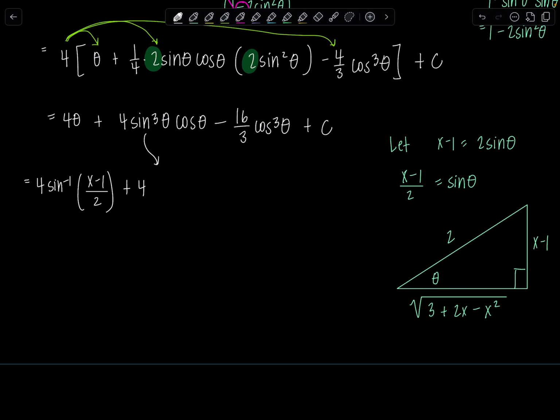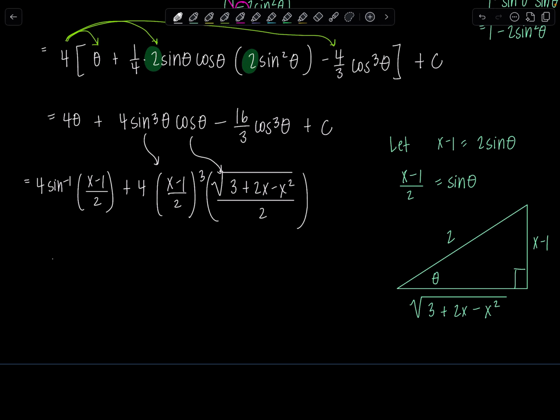Now what's sine cubed theta? Why, it's x minus 1 over 2. That's sine of theta cubed, right? And then cosine theta is the ratio of adjacent over hypotenuse. So that's going to be square root 3 plus 2x minus x squared over 2.